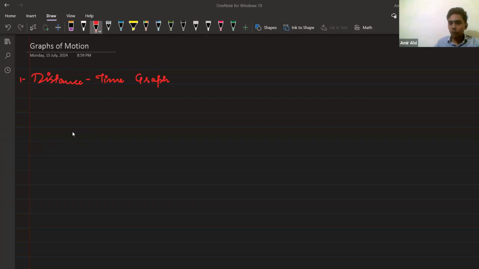Okay, so basically we have two graphs. The first graph is the distance time graph. In this graph, we will depict the motion of a uniform and a non-uniform object on the distance time graph. So now let's understand the axes. In the graph, we have two axes, x-axis and y-axis, right?